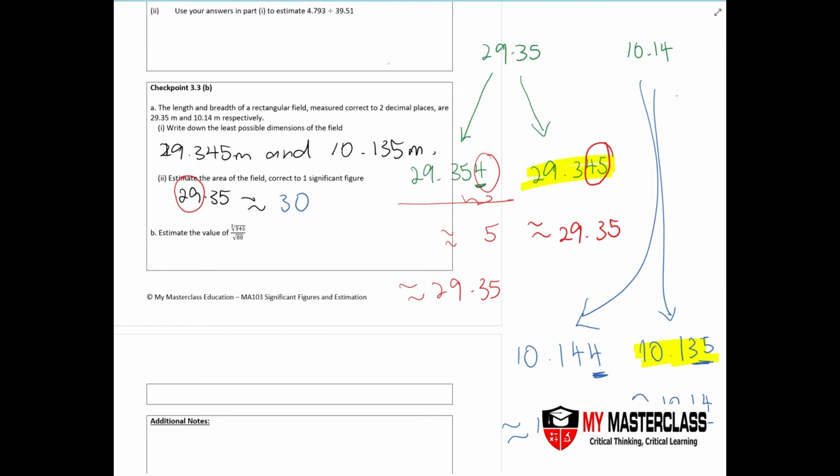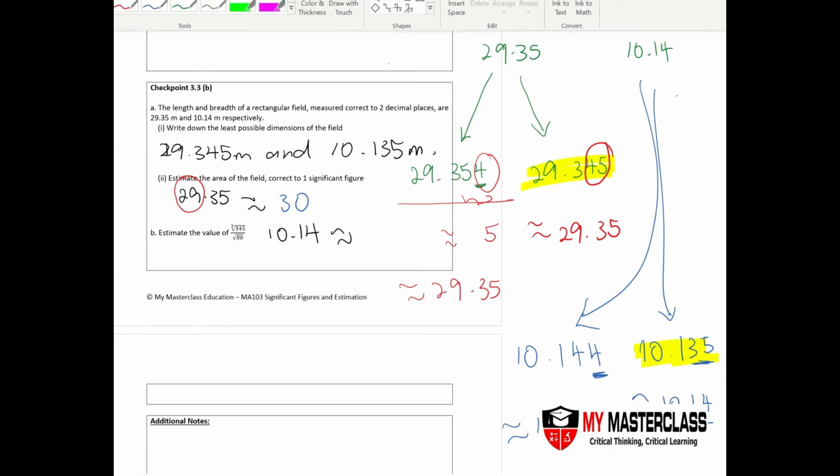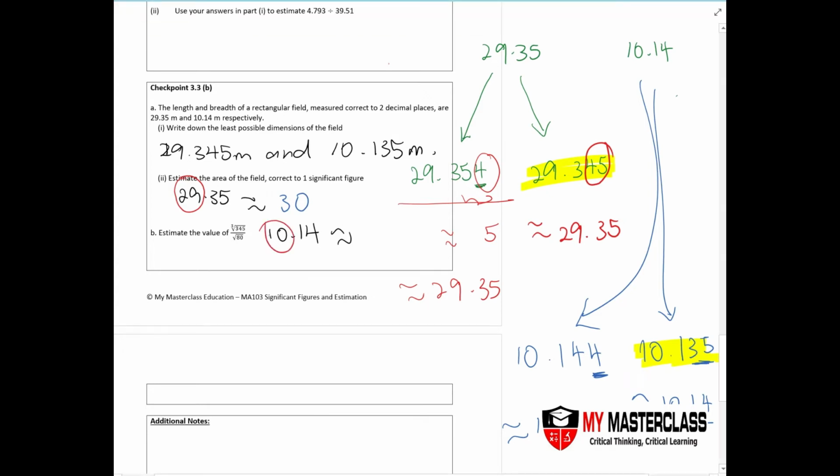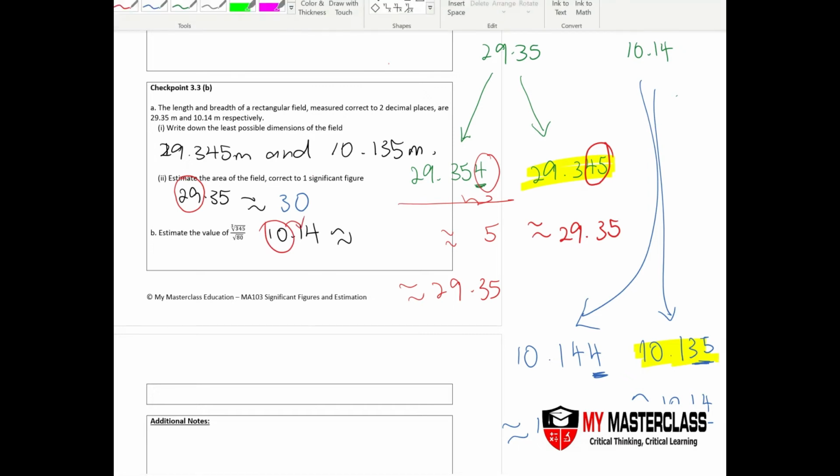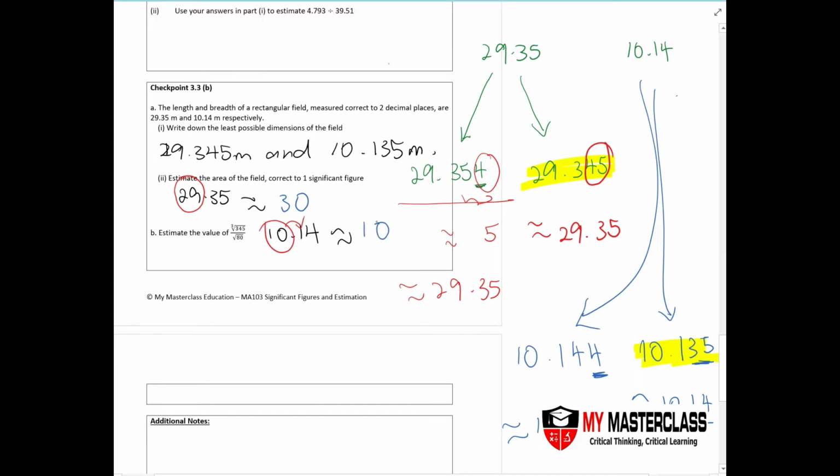Now next, if you are asked to estimate 10.14 to one significant figure, I'm looking at two numbers, which is 10.1, so this is a 0.1, which means your estimation would be a 10 over here. So therefore, 10 times 30 will give you an approximation of about 300. So this would be your final answer.